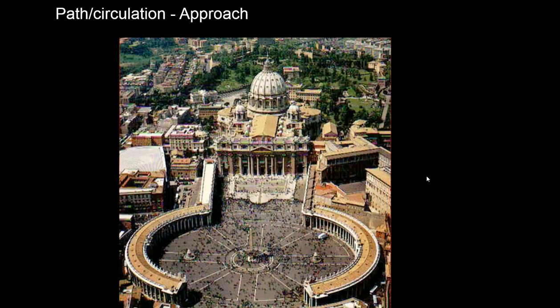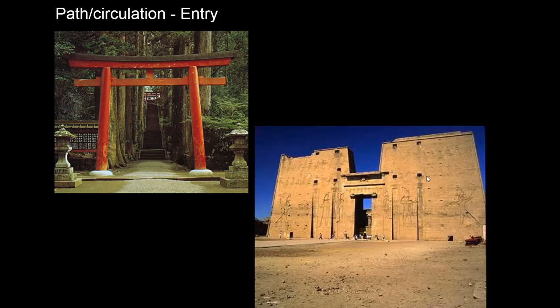All right, so path circulation, this idea of entry. So this is a torii gate. It's a part of, I believe, Japanese architecture. And this is, I believe, the Temple of Luxor. And you start to get an idea that one of the elements after approach is what designates entry in the building, right?